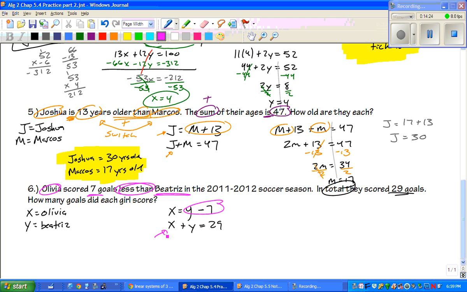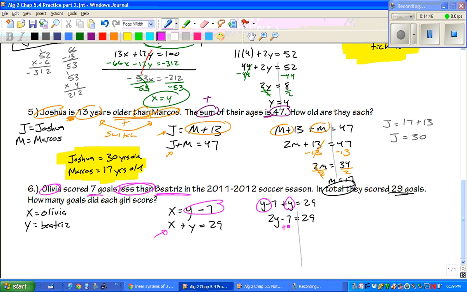We're going to do substitution. So we got y minus 7 plus y equals 29. Combine your like terms. We get 2y minus 7 equals 29.